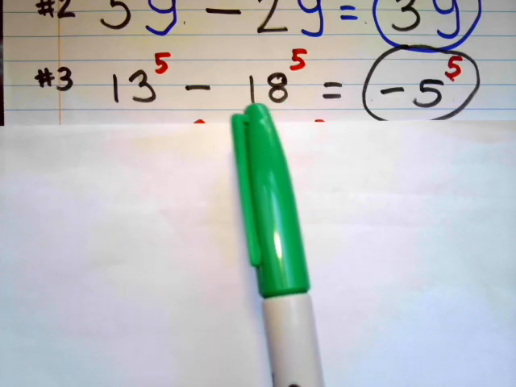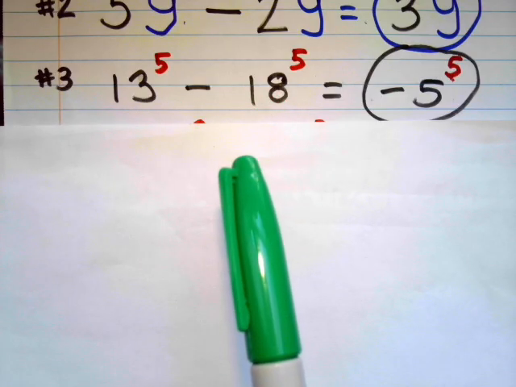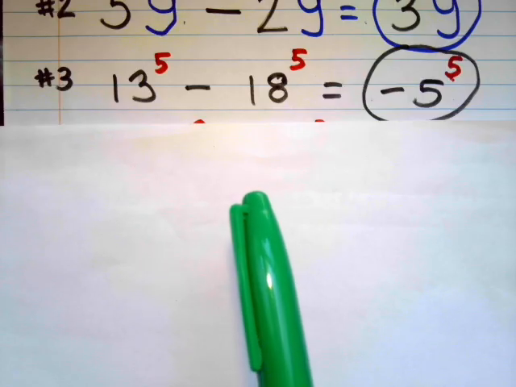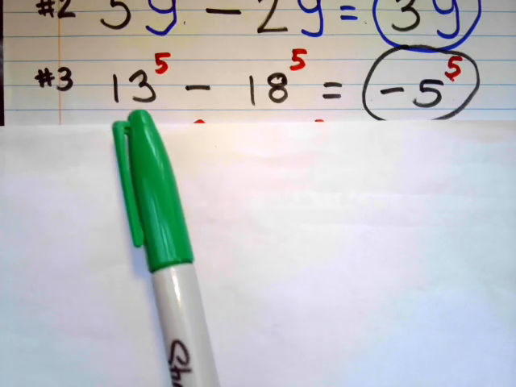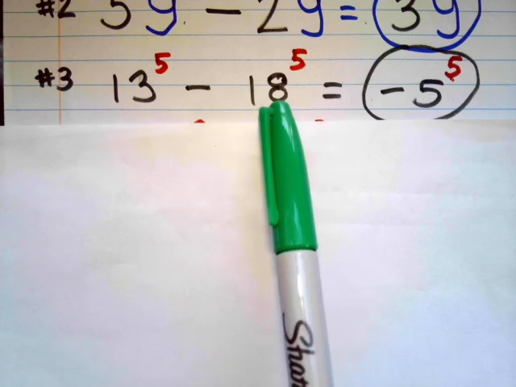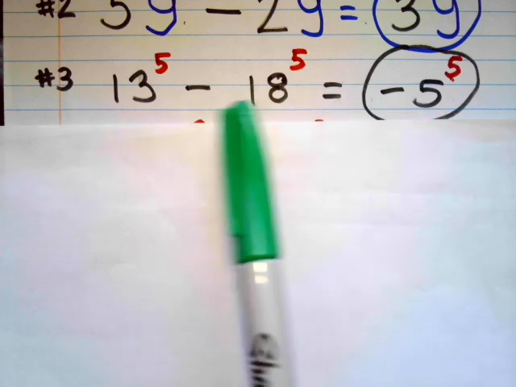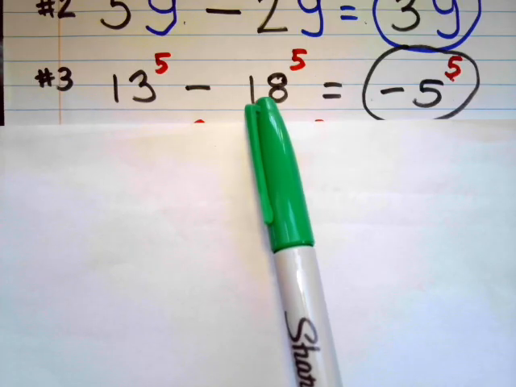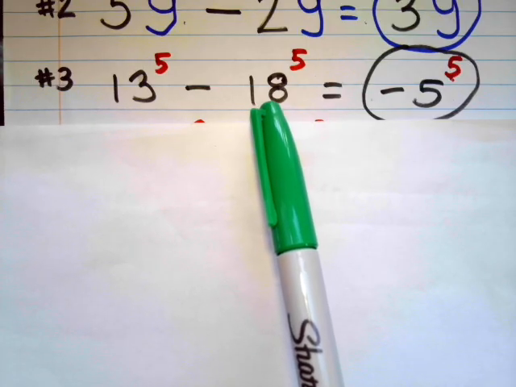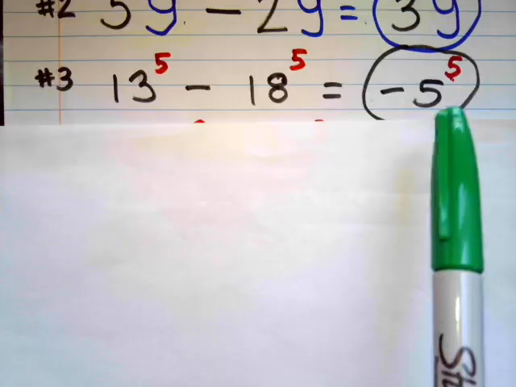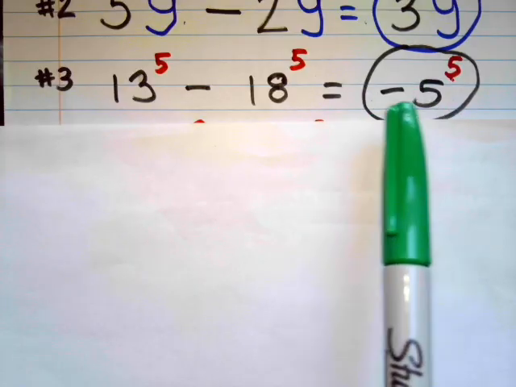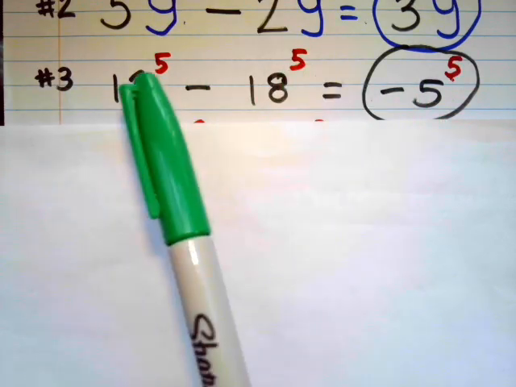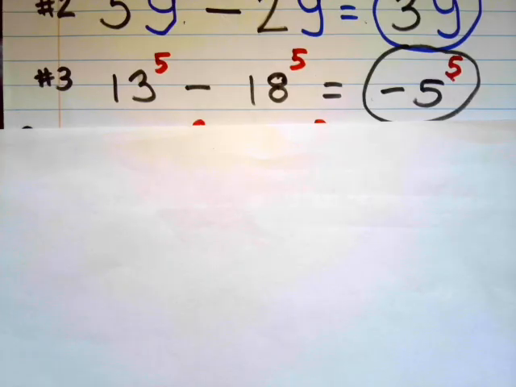Keep, change, change. I'll teach that rule or show that video in the future on integers. 13 minus 18 is a negative 5, right? If you have $13 and you owe somebody $18 and you give them that 13, how much more do you owe them? You owe them $5. That's a negative 5. You keep the powers the same.